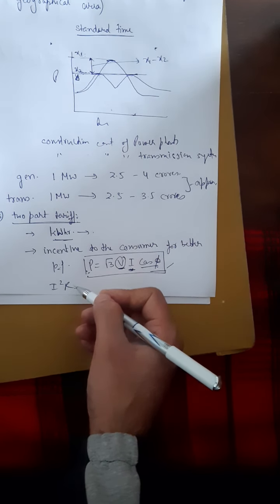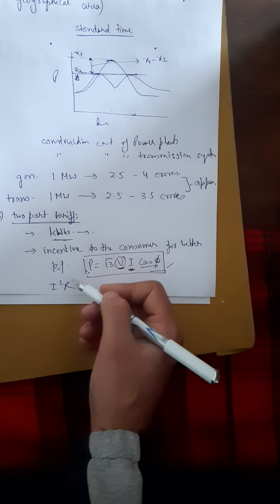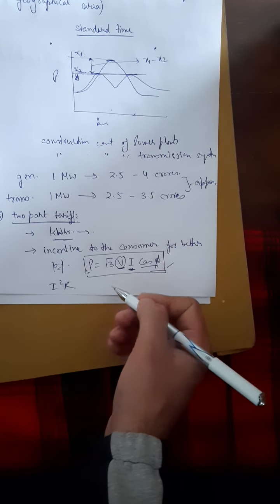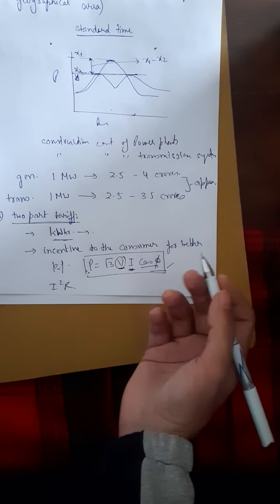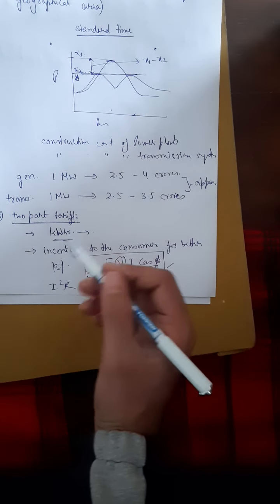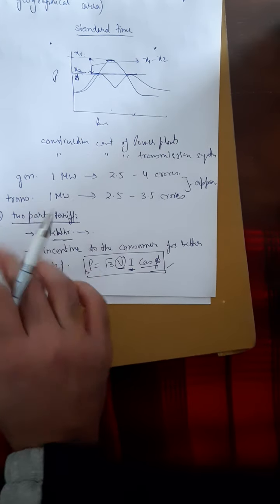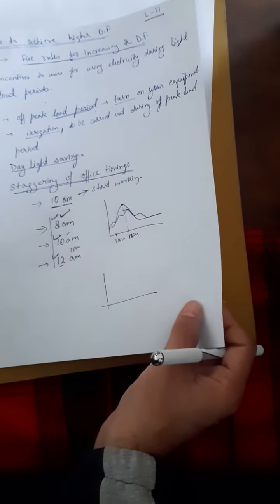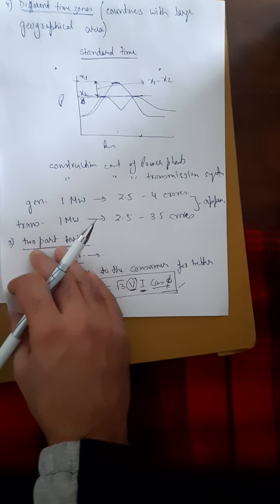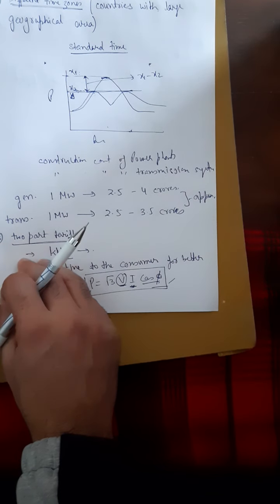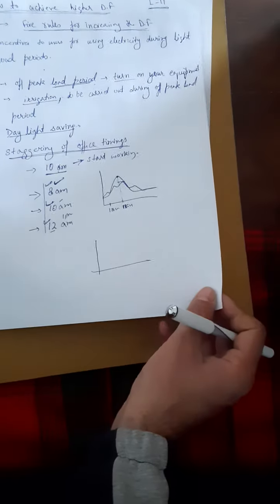So what these utility people do is give some incentive to the consumer whose power factor is better, and they charge extra money from the consumer whose power factor is poor. So these were the 5 methods for achieving a higher diversity factor. Try to understand these parts.